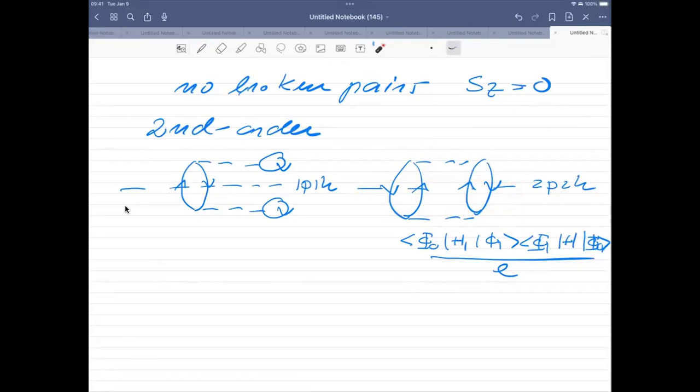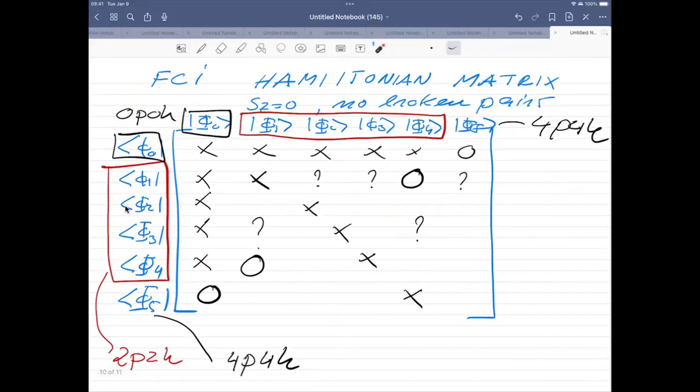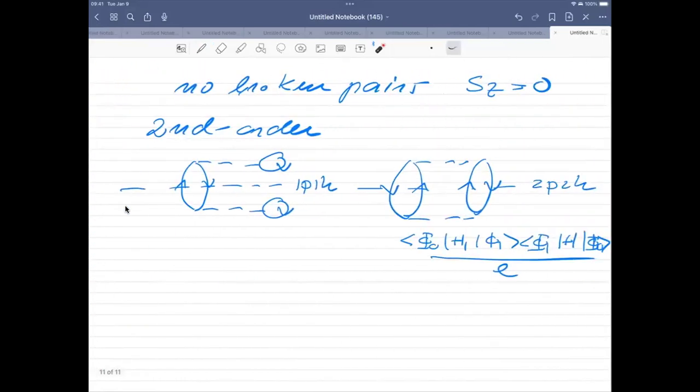So one thing which you will see in the calculations here, since you are going to calculate this for different strengths of the interaction, is that when the interaction is weak, then second-order perturbation theory will actually give a good approximation to the full FCI calculation. So what we have to think now in this midterm is that many-body perturbation theory is just going to represent an approximation to the exact diagonalization.